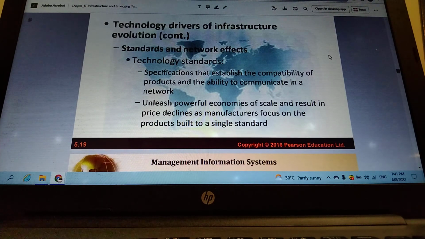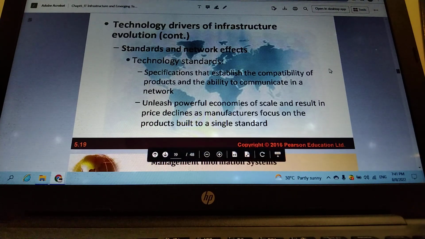So that's the reason why standards are very important, and maintaining the standard is even more important, so that everybody follows a single standard for the same purpose.